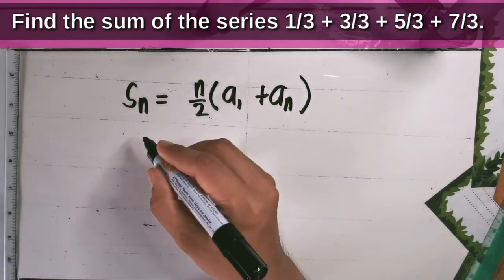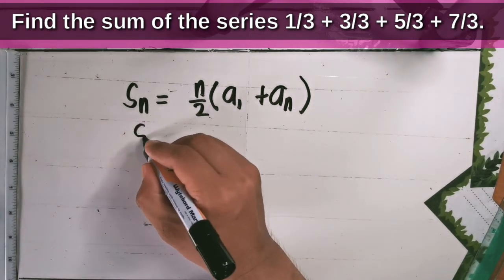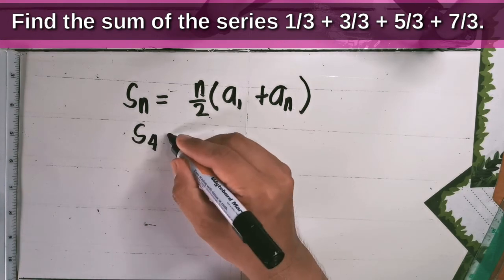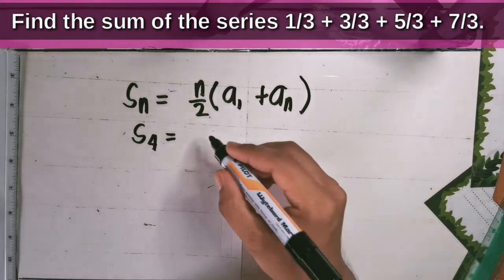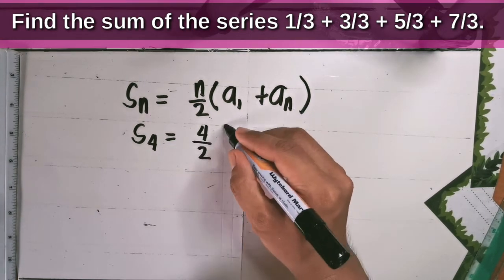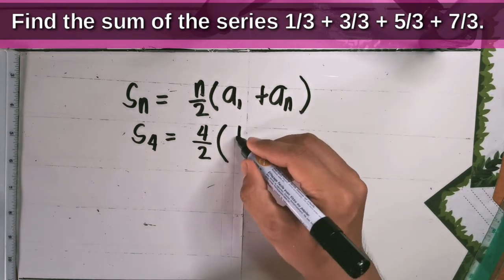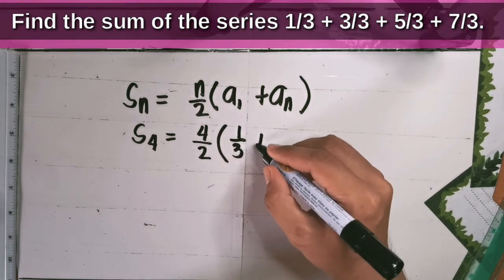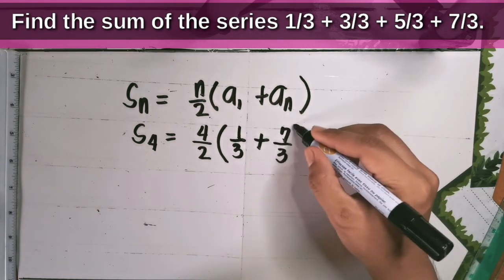Okay, so let us substitute ilan yung terms. So we have 4 terms. So that is S sub 4 or sum of the 4 terms. So it is equal to 4 over 2 times ang ating first term o ang unang term ay 1 over 3. At ang huling term natin ay 7 over 3.